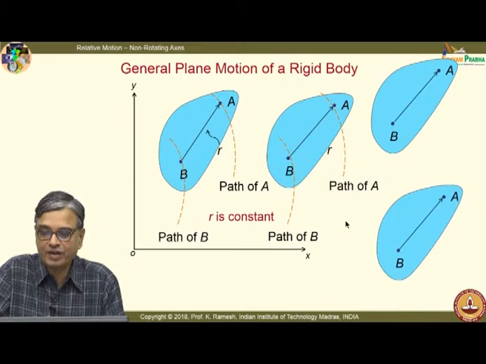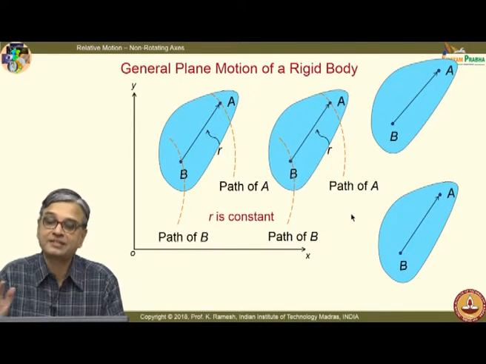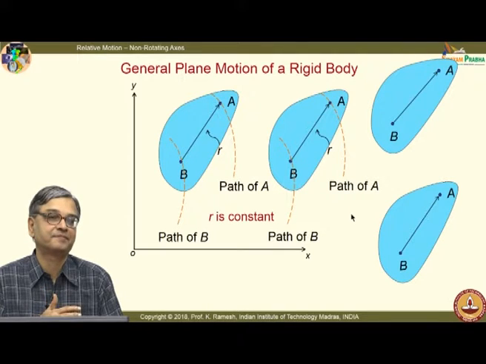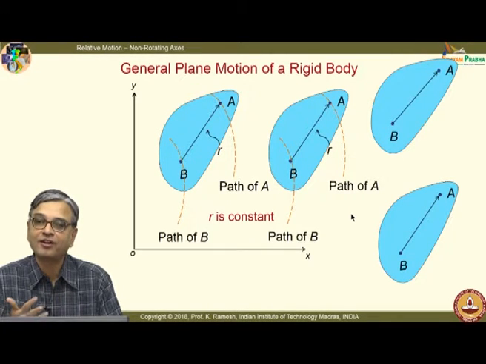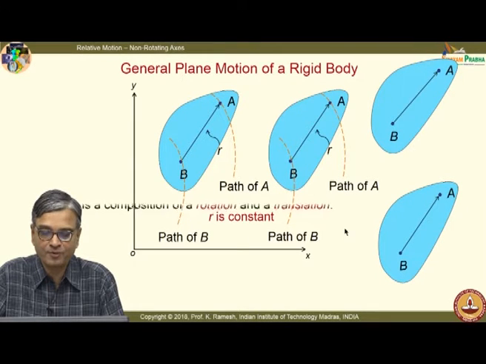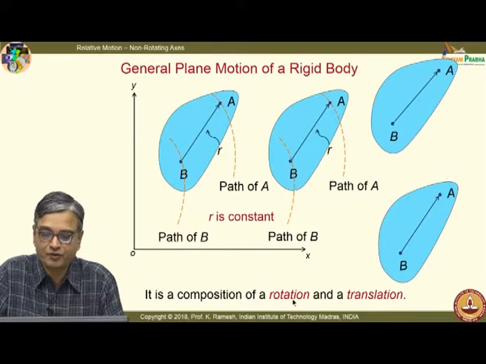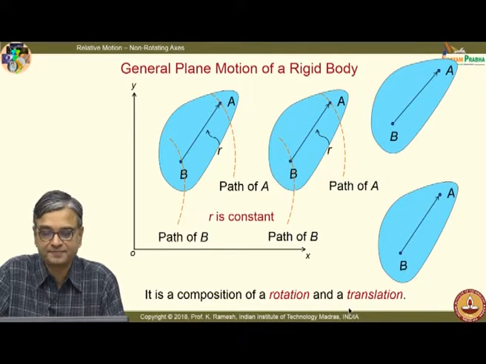And when I give a rotation like what I see here, it is precisely the same as what you have got earlier. This again reconfirms the central idea. General plane motion can be thought of as a composition of a rotation and a translation.